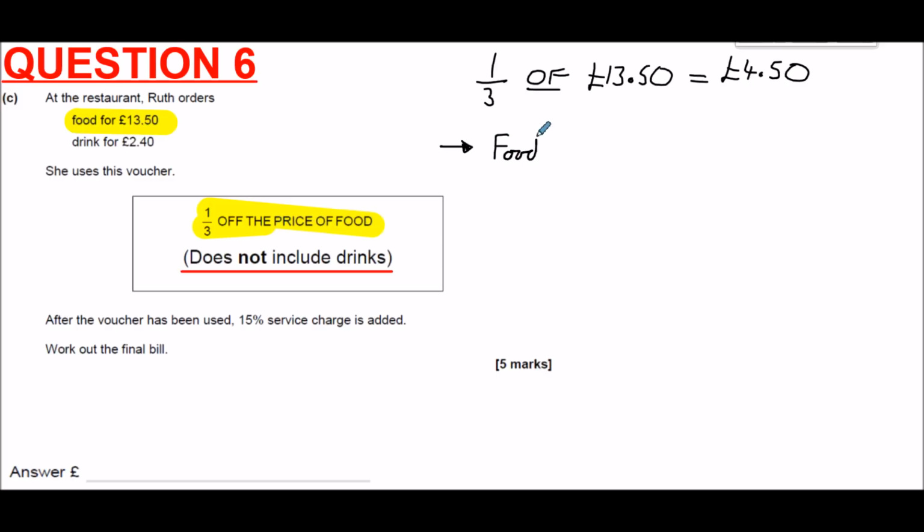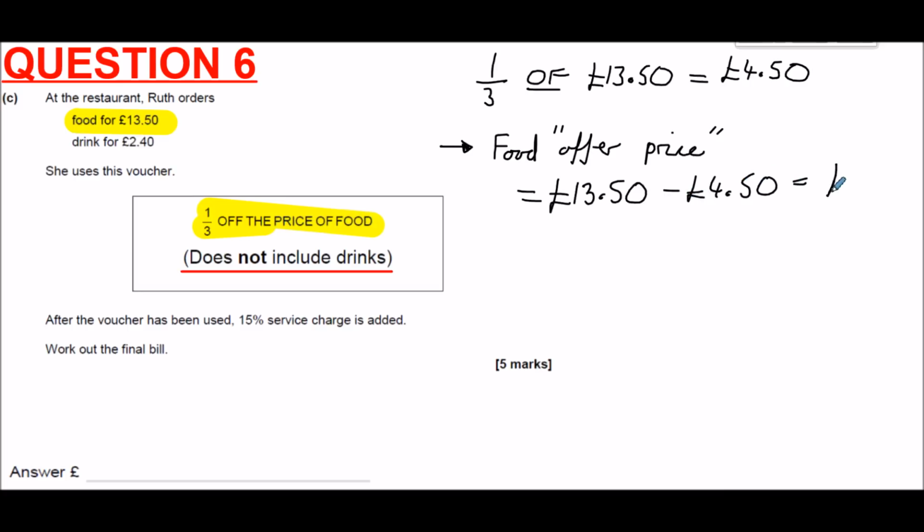And so the food offer price, if you like, the discounted price for the food with this offer, is £13.50 minus £4.50, which would come to exactly £9. So after the voucher's been used, 15% service charge is added.